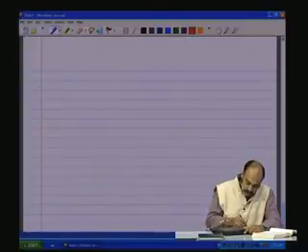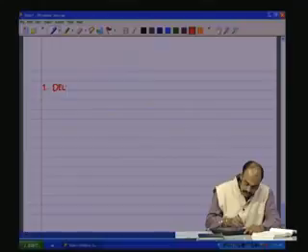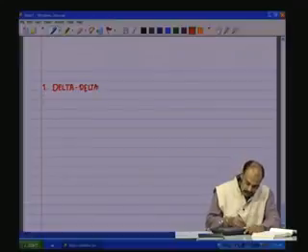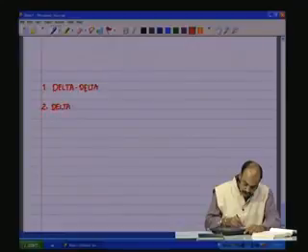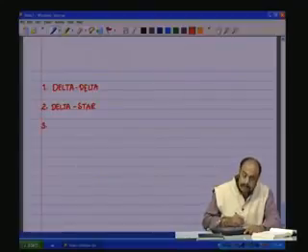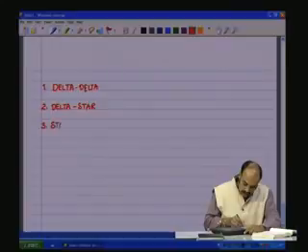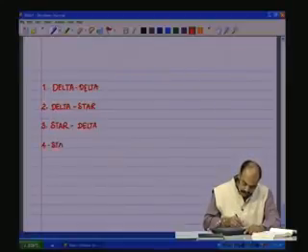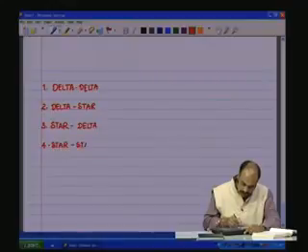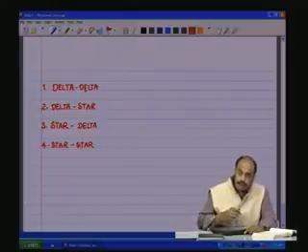Let us say we have the 4 main topologies: first delta, delta; second, delta, star; third, star, delta; fourth, star, star. So, these are the 4 main topologies.